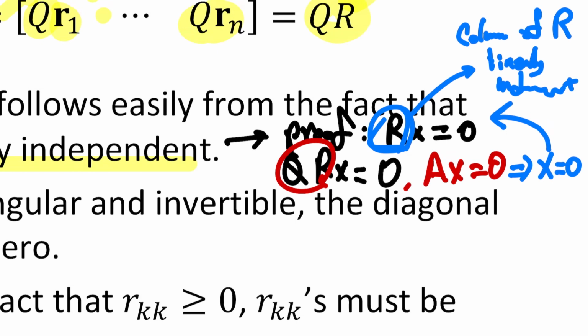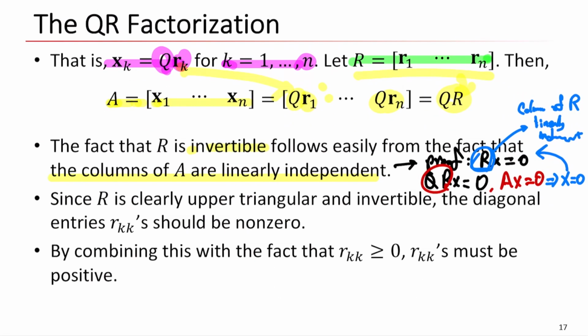Then we can say that it is invertible by the invertible matrix theorem. So by using this, we can say that the matrix R is an invertible matrix.